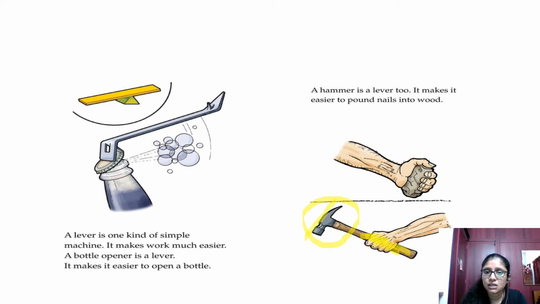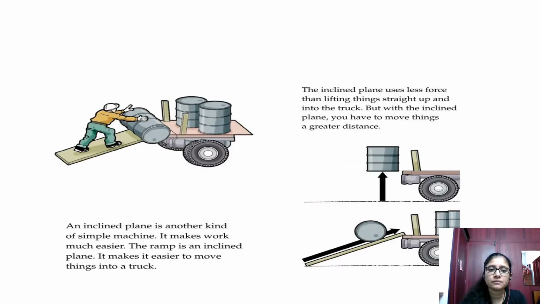So what happens? Work is done very easily. For this we need to apply our energy. So the examples of lever are the seesaw, bottle opener and hammer. These are the three examples of lever. There are many more examples which we will see in the upcoming classes. So lever is one kind of simple machine.